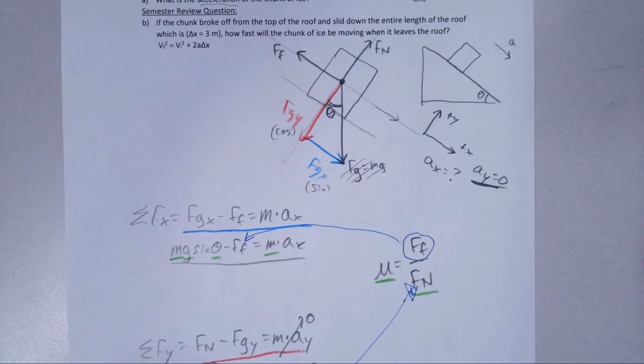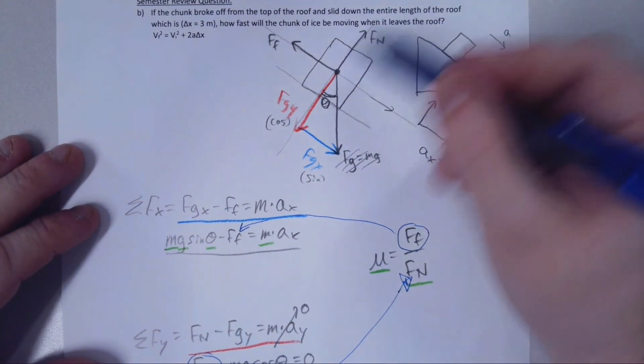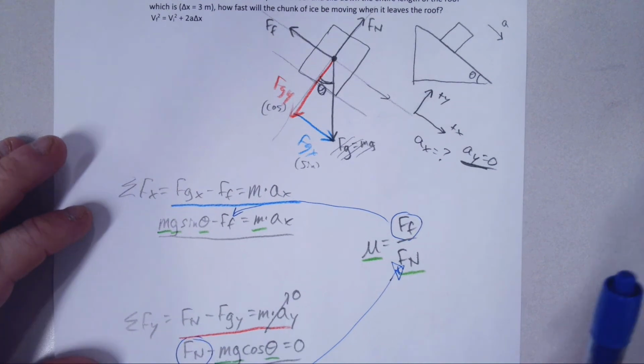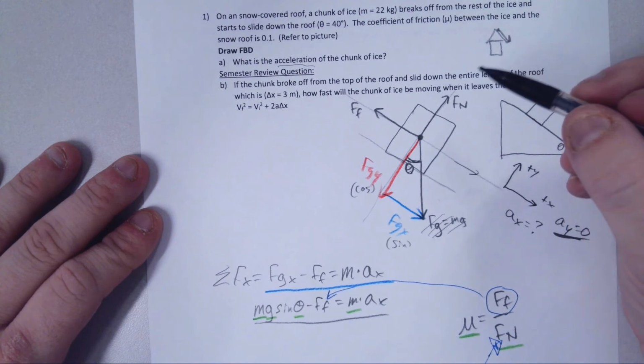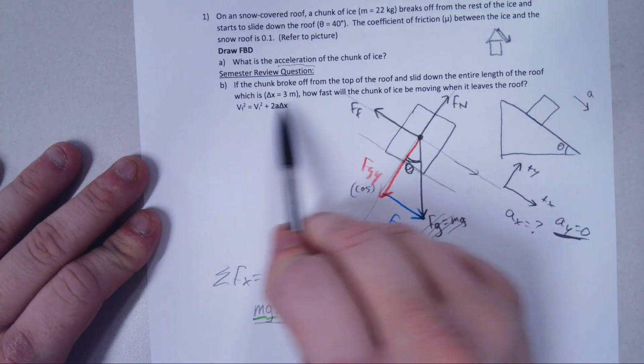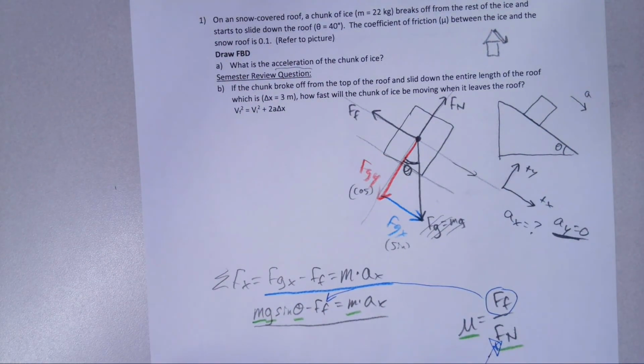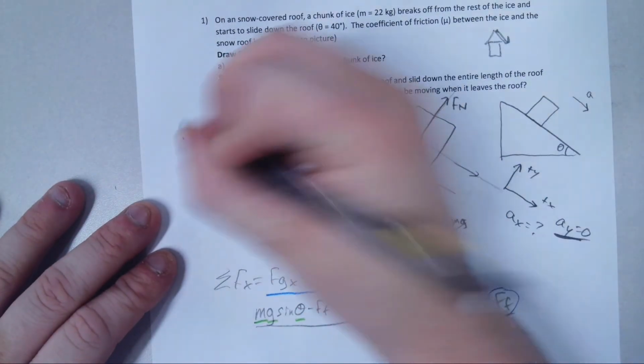So when I say the hardest part about setting these problems up is understanding how this free body diagram works here. Once we find that acceleration, there's an extension problem where I ask you to figure out the final velocity of the chunk when it slides down. It says if the chunk broke off from the top of the roof and slid down the entire length of the roof, which is 3 meters, how fast will the chunk of ice be moving when it leaves the roof? Well, we can use the fourth equation.